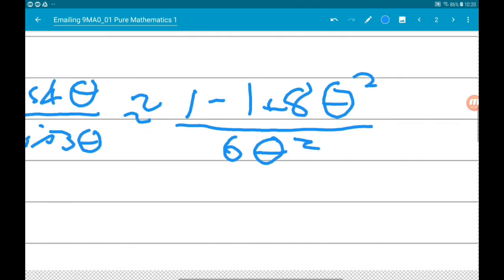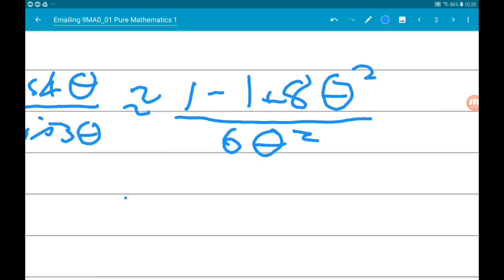Now that cancels, so 1 minus 1 cancels out, so we get 8 theta squared over 6 theta squared. The theta squareds cancel and give us 8 over 6, which is 4 over 3. Cool.